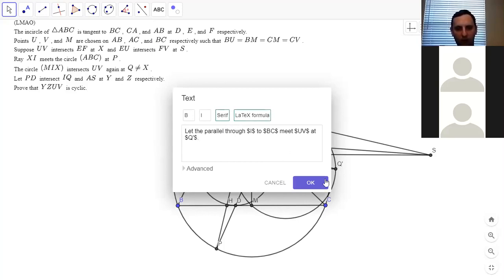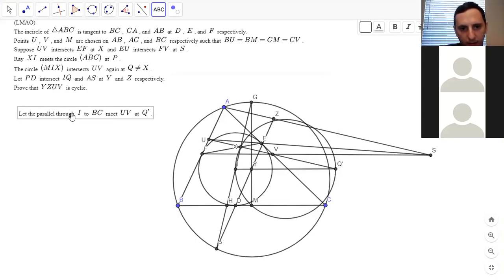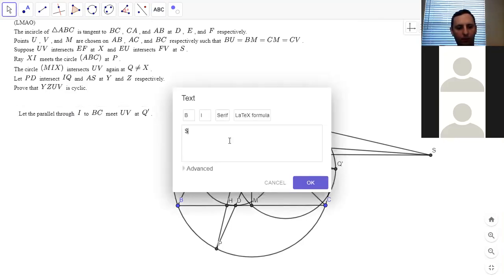Okay. So you said, by spiral similarities, we can show AGUV is cyclic. Because we have BU equals CV, and CV equals GC. So BU equals CV.